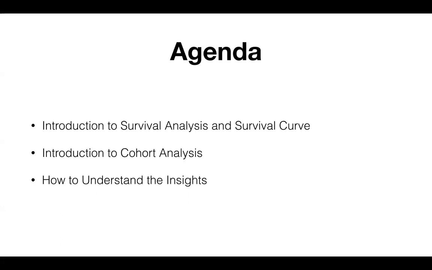So I'm going to introduce this topic one by one: start with survival analysis with the survival curve, then apply that to something called cohort analysis. And then I want to talk about how to understand the kind of information these algorithms, or this type of analytics, can bring us. There's certain terminology, so I want to give you a quick overview of those as well.